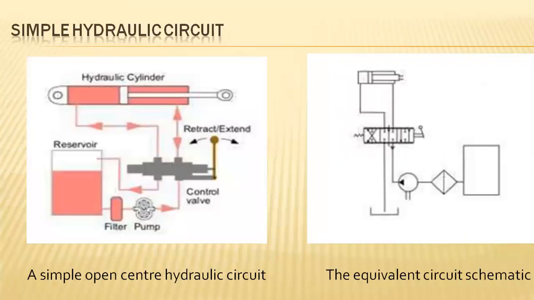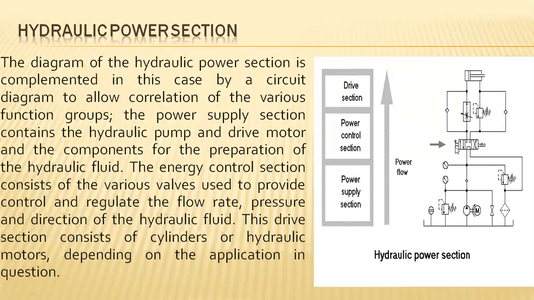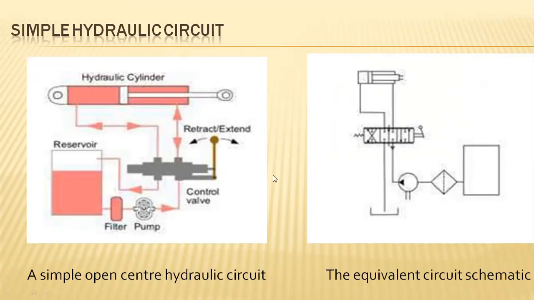This is the operating condition we saw in the previous session, and it clearly displays a simple hydraulic circuit based on the control valve lever position. This lever has three different steps: the first is the null step, then the retraction step and the extension step.